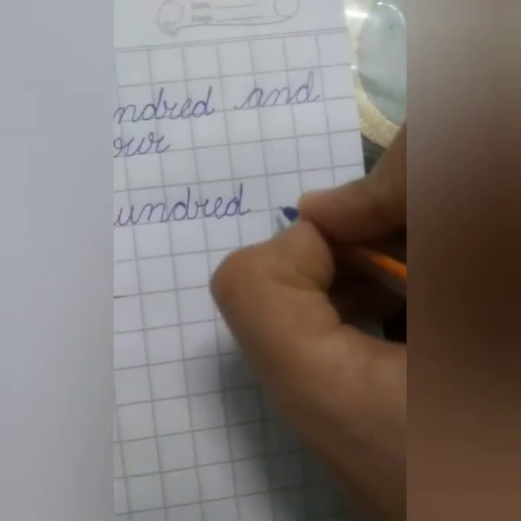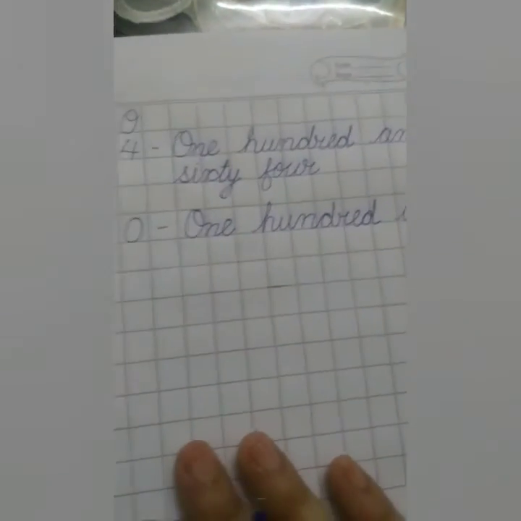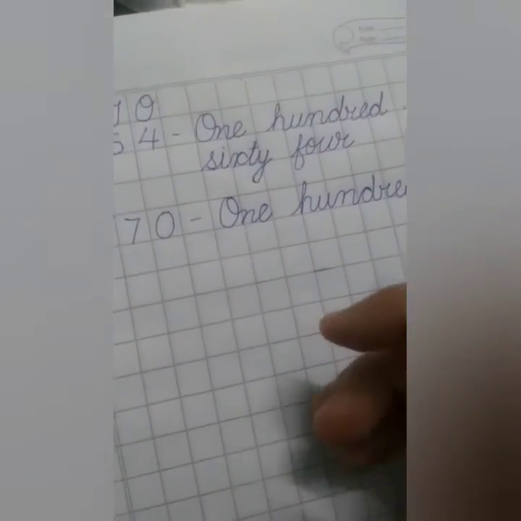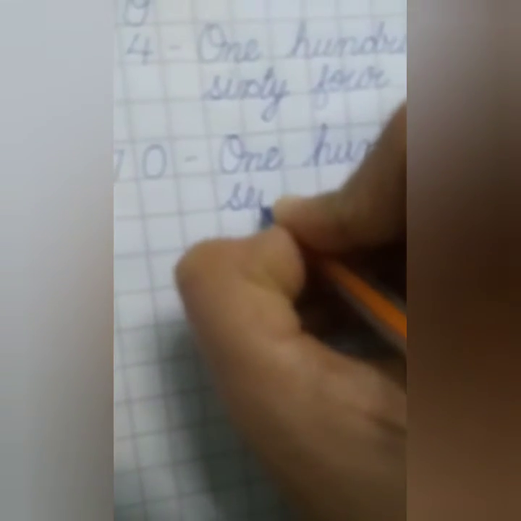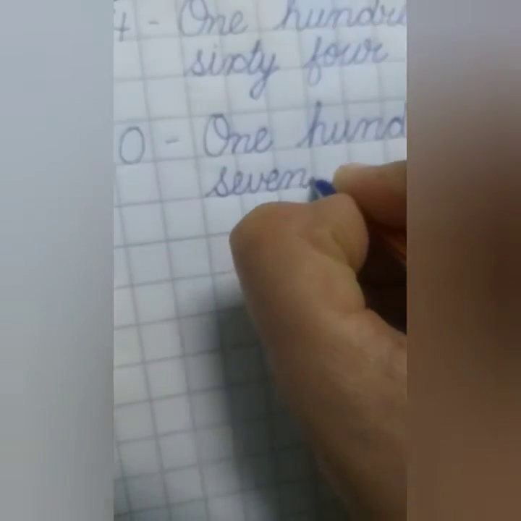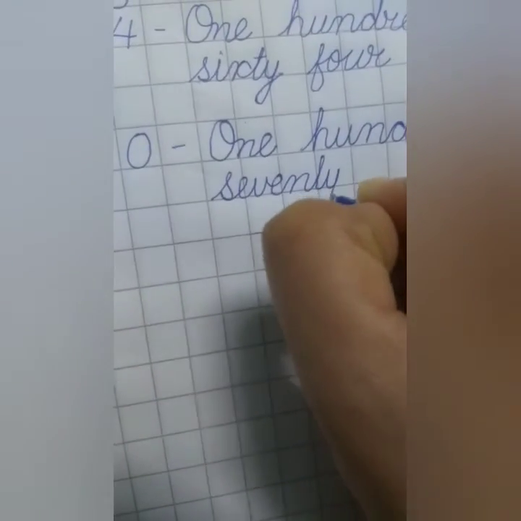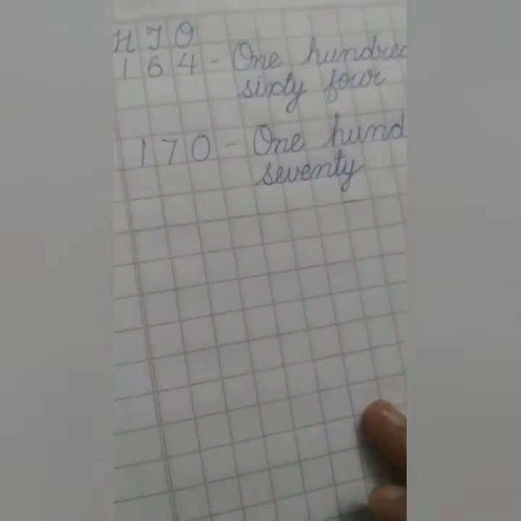Take one finger gap and write A-N-D. And 170. What is the spelling of 70? S-E-V-E-N-T-Y. 170. Okay, children.